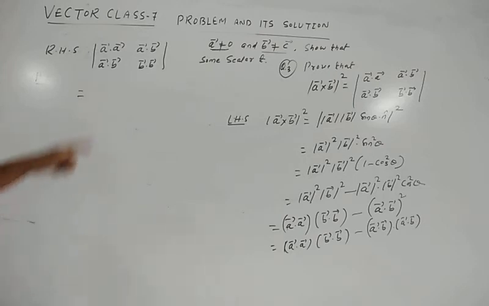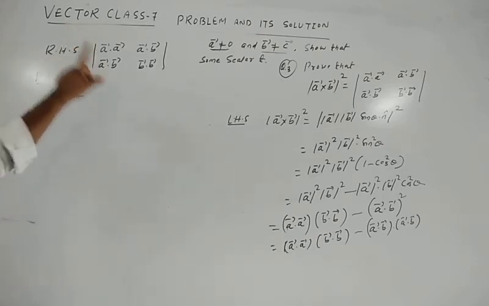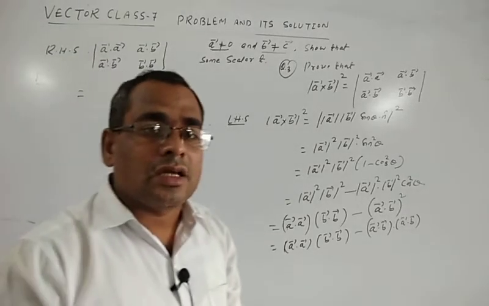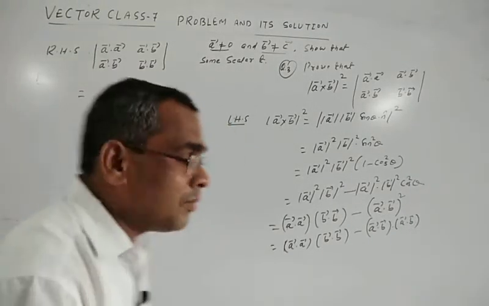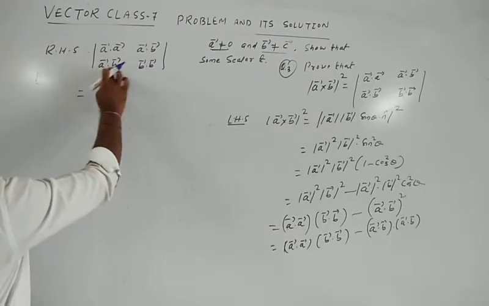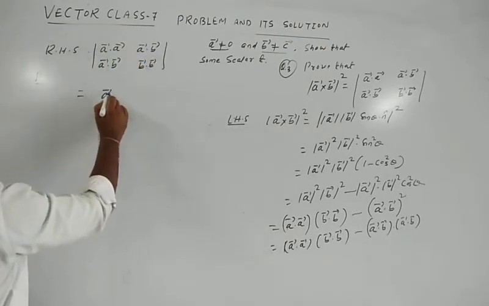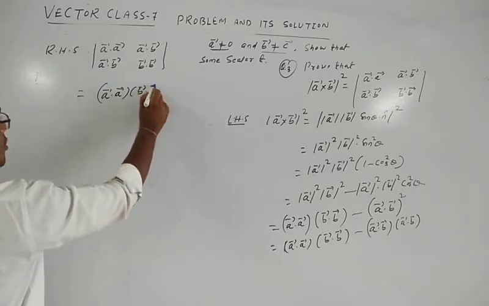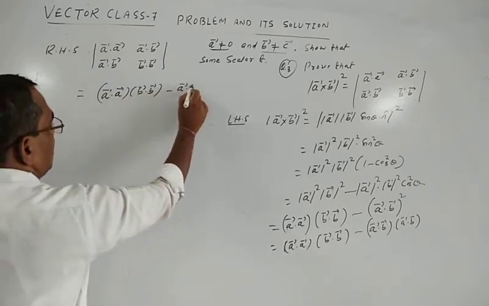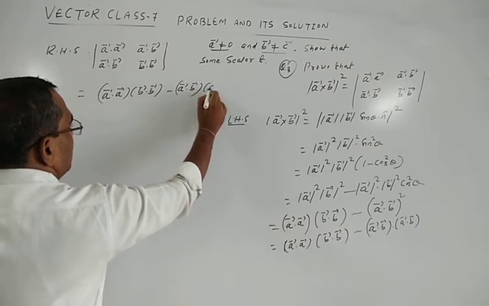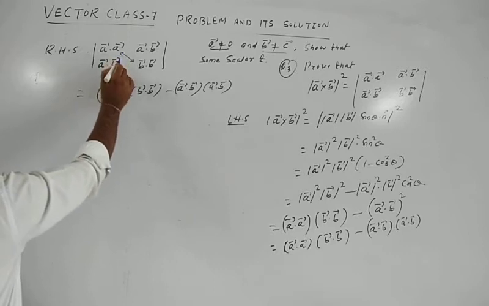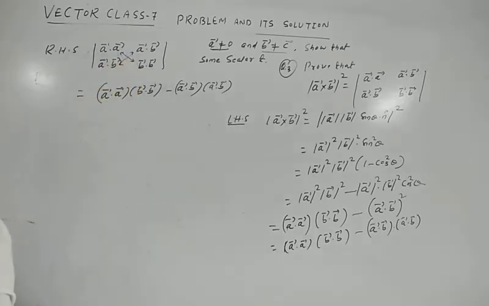The value of a second order determinant is the product of diagonal elements minus the product of non-diagonal elements.